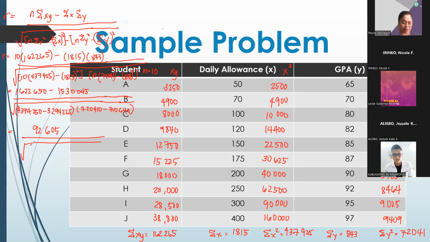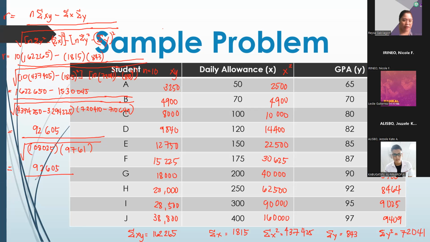That's 1,080,025. Okay, times 720,410 minus 710,649. This is 9,761. Okay, continue.